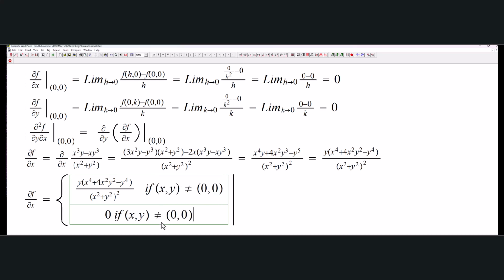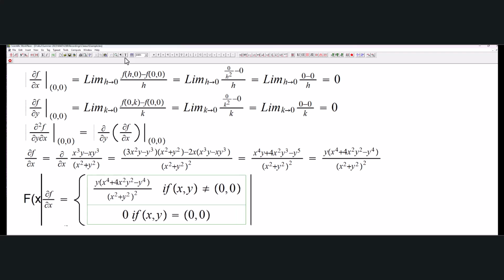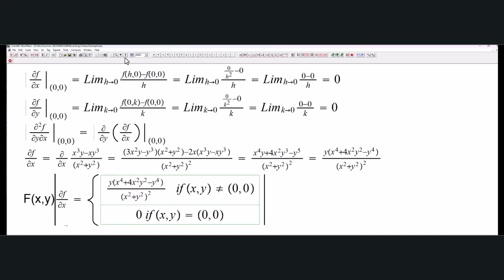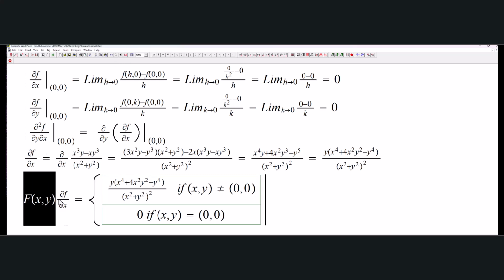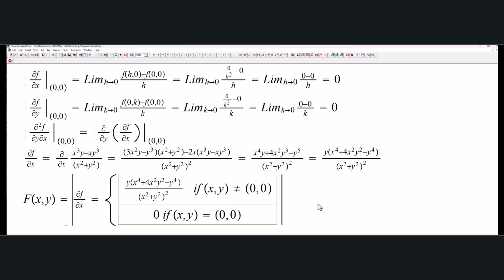So what we are going to do is take the derivative of this function with respect to y at 0, 0. So just for convenience sake, let's call it capital F of x, y. Let me change the fonts here.